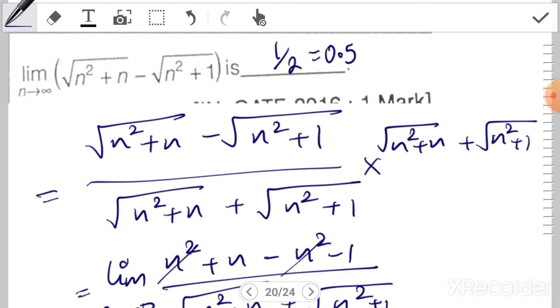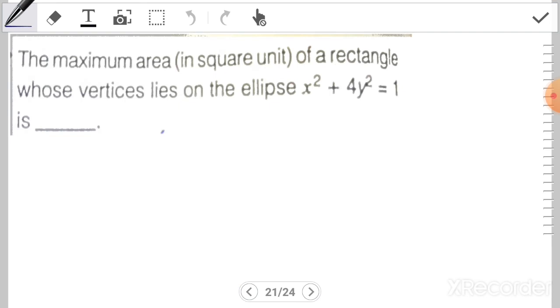So next problem. The maximum area of a rectangle whose vertices lie on the ellipse x square plus 4y square is equal to 1.